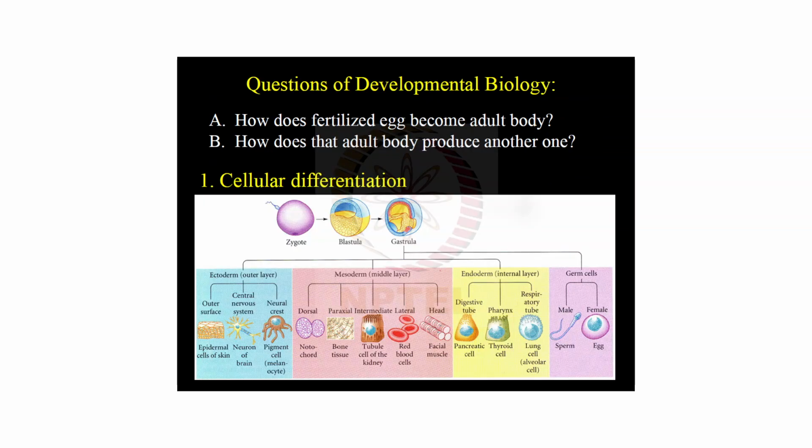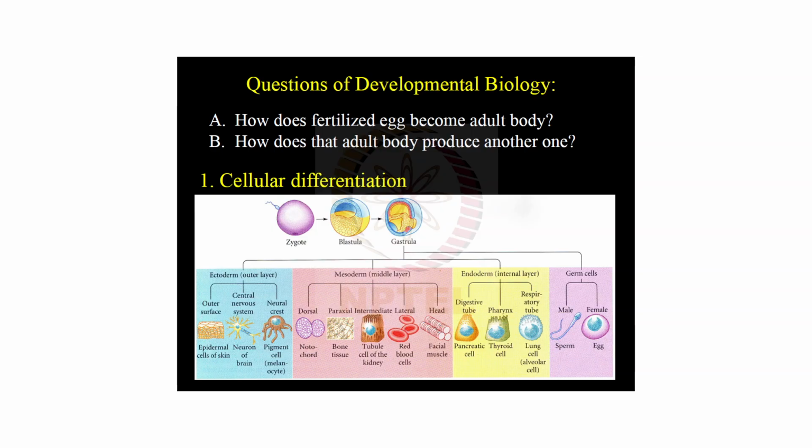Okay, so what are the basic questions of developmental biology? How does a fertilized egg become an adult body? As I told you, how does the adult body produce another one? So these are all the different questions that will be answered in developmental biology. For example, how an adult body produces another one comes from cellular differentiation.